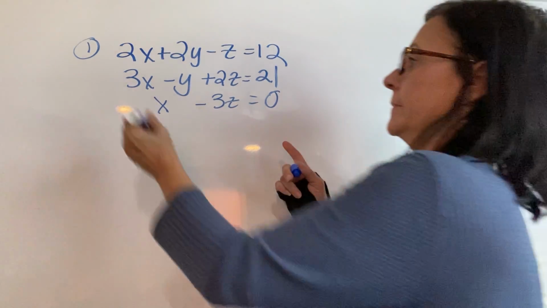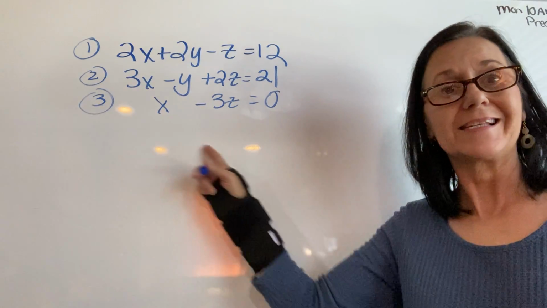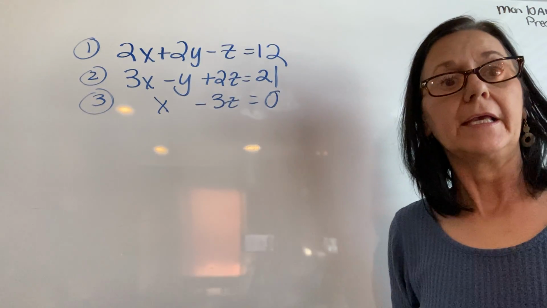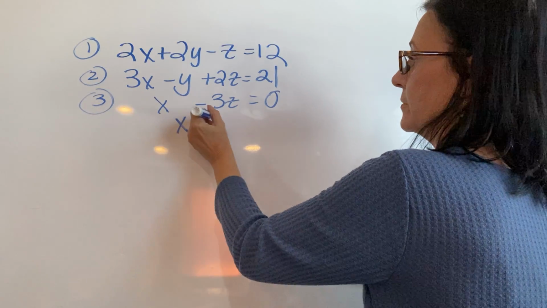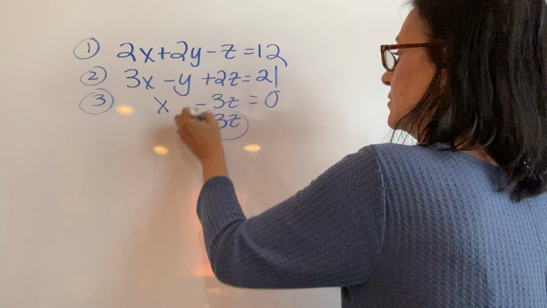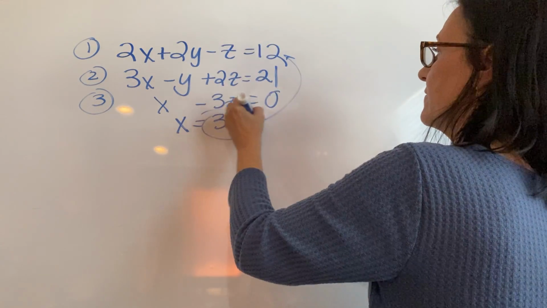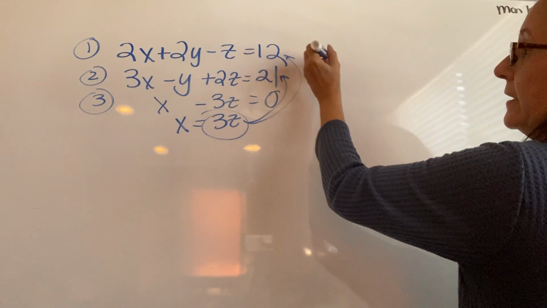Let me number these. I'm going to take equation 3 and solve for x, then substitute into 1 and 2. So I'll add 3z on both sides, and the value of x is 3z. So I'm going to substitute this value into equations 1 and 2.